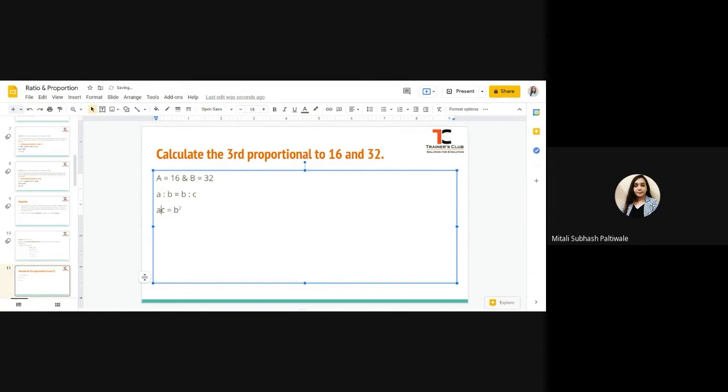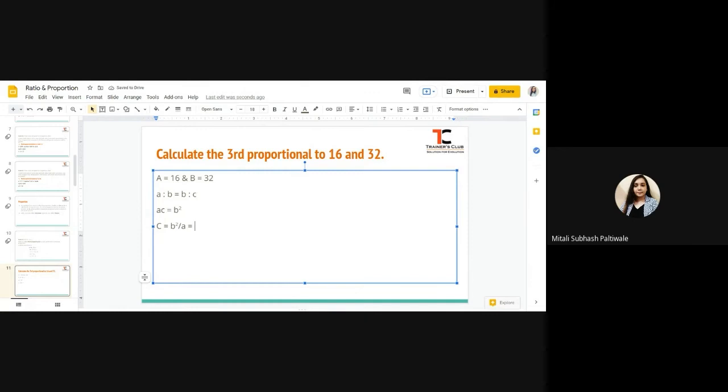As we need to find C, that means the third proportional, we'll be doing C is equal to B square by A.